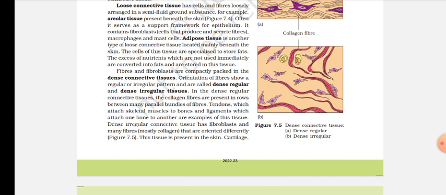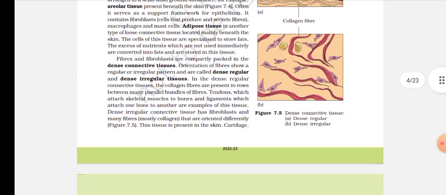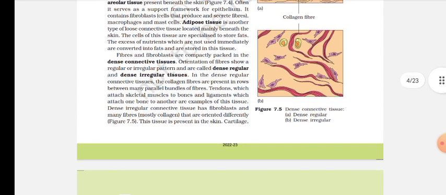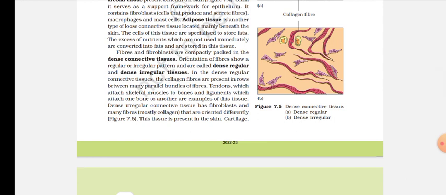Fibers and fibroblasts are compactly packed in the dense connective tissue. Orientation of fibers shows a regular or irregular pattern, called dense regular and dense irregular tissues. In the dense regular connective tissue, the collagen fibers are present in rows between many parallel bundles of fibers.